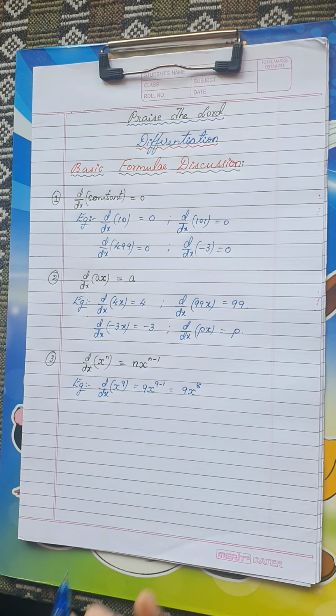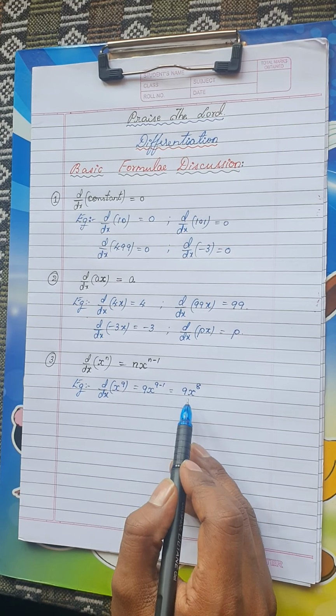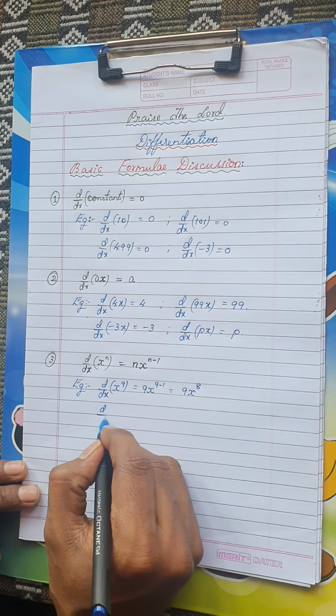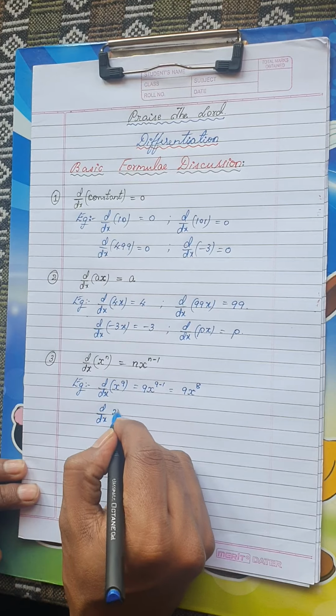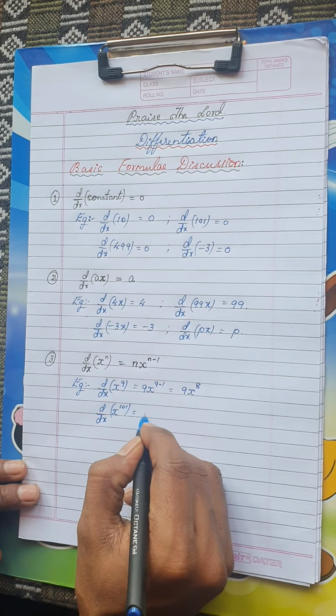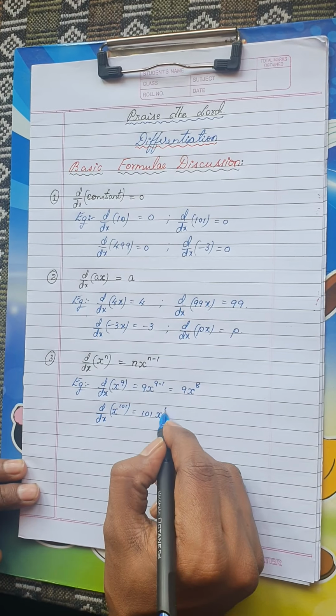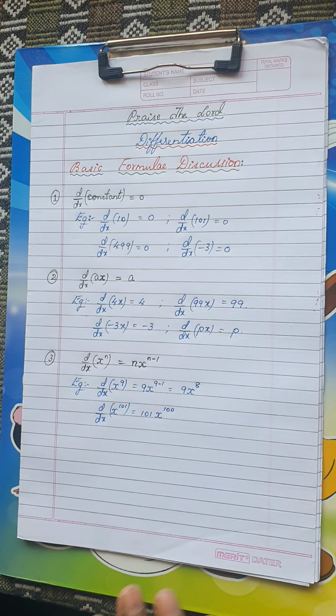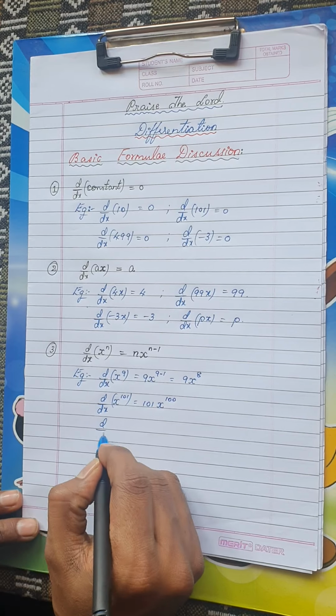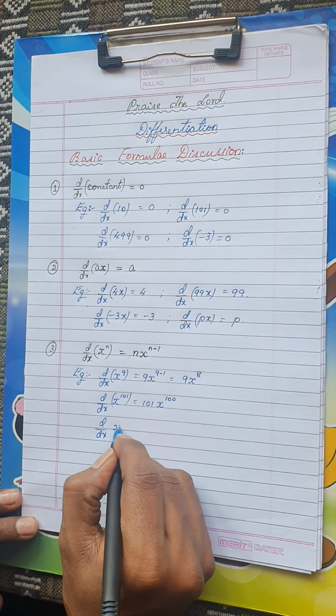So the derivative of x power 9 is 9 into x power 8. The derivative of x power 101 is 101 into x power 100. Next, you can think about the derivative of x square.